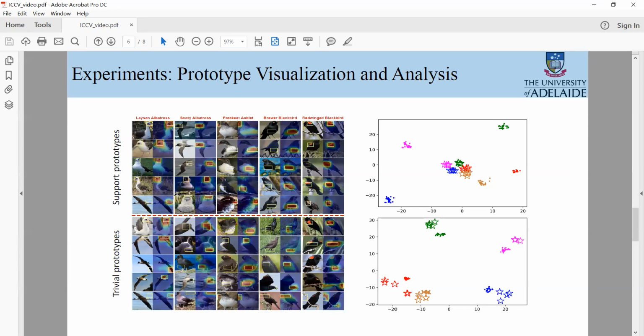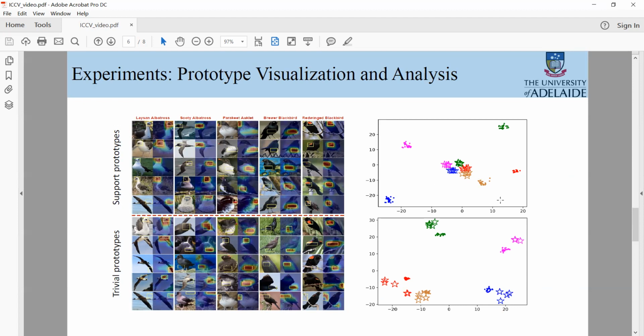In this figure, we show the difference between support prototypes and trivial prototypes. We notice that the support prototypes tend to focus on the object regions and even share some common characteristics between classes, such as the bird's head and the bird's belly.